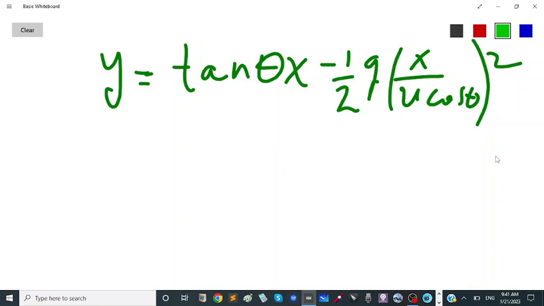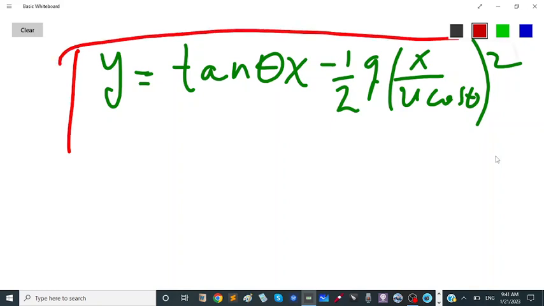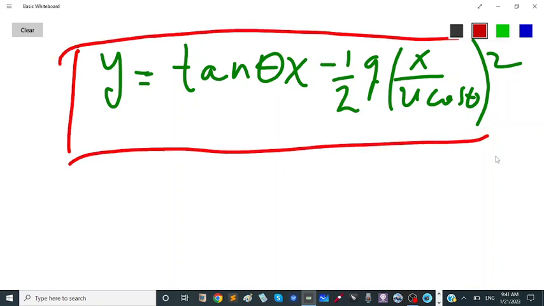This is a very important general formula which helps us to determine the position of the physical body at any x position.